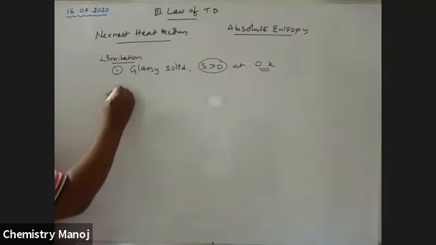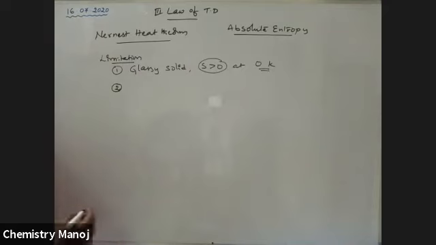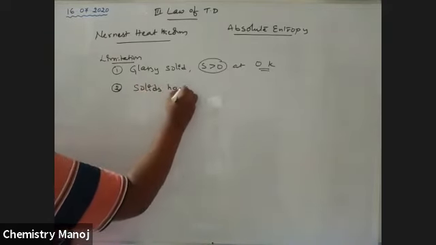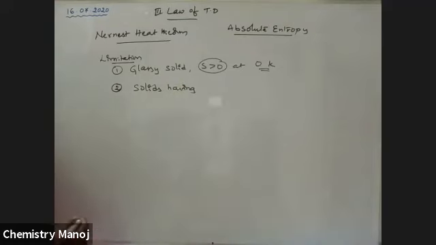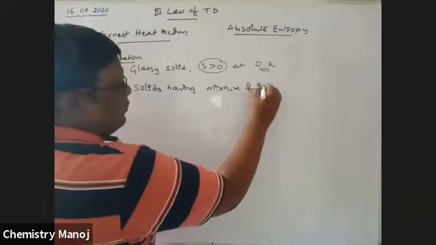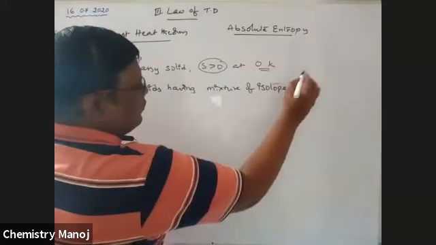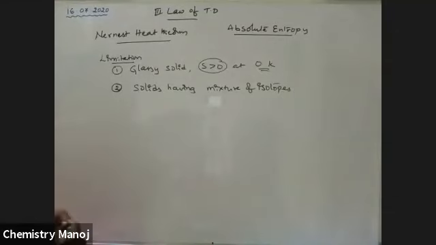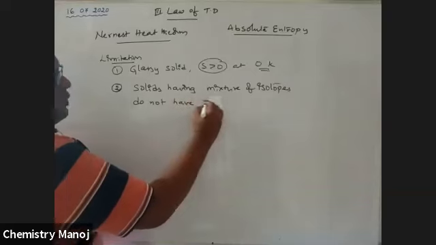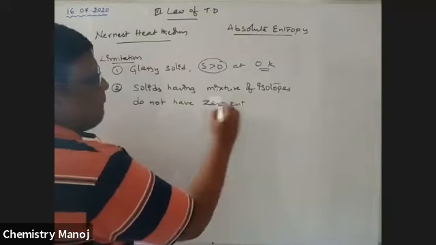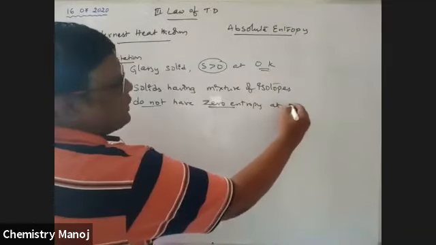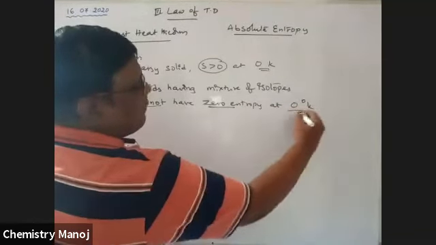Next one, that is solids having a mixture of isotopes do not have zero entropy at 0 Kelvin.